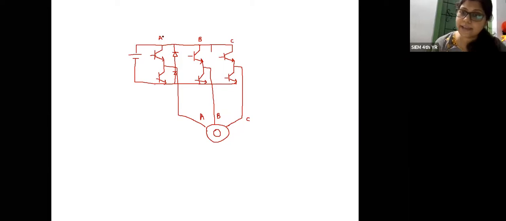Six separate diodes means in each arm we have to use two diodes. So for the first arm two diodes should be connected in this way. In the second arm, two diodes.